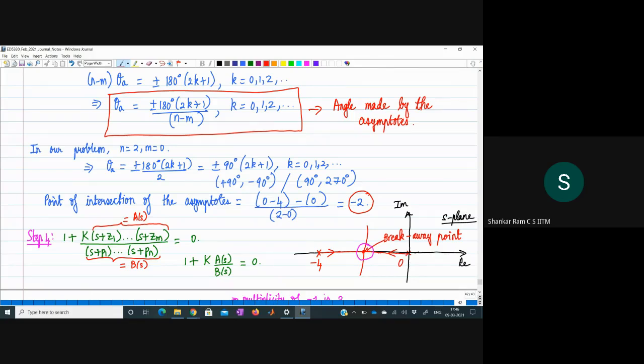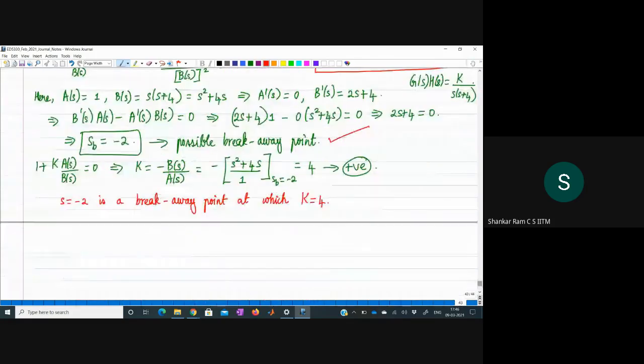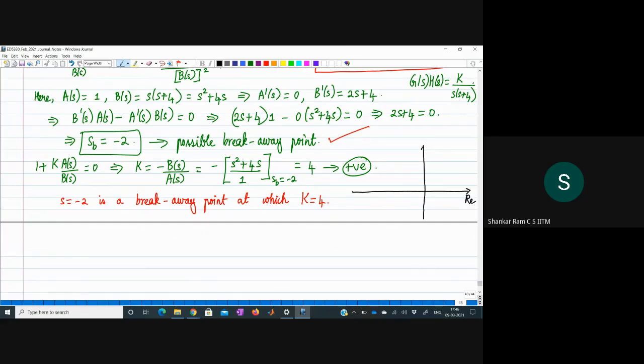Now the question is, what is a break-in point? We looked at a breakaway point. Now, what is a break-in point? I'm just giving an example.